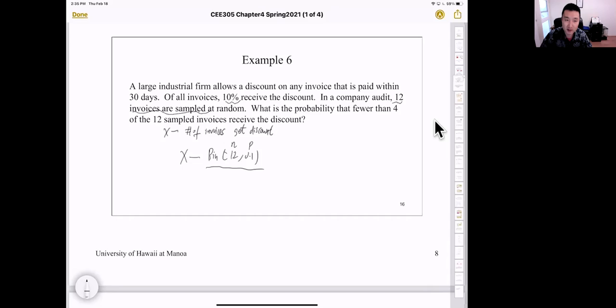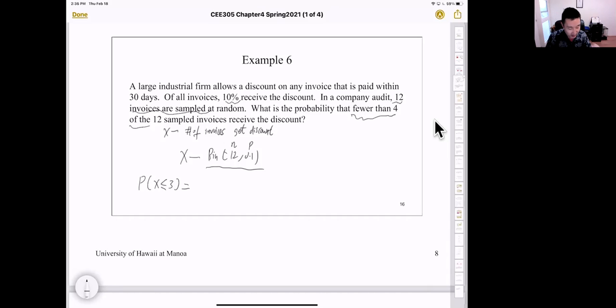The question is asking for fewer than 4 getting a discount. So fewer than 4 means x less than or equal to 3, including 3, 2, 1, and 0.